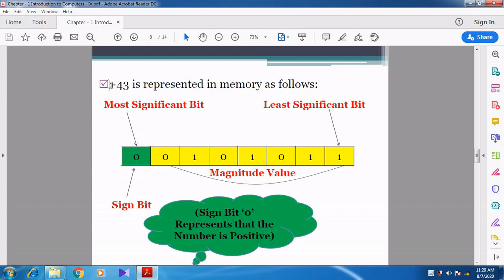For example, we take the example plus 43. Now you see here, how many bits are there? 1, 2, 3, 4, 5, 6, 7, 8. So in those 8 bits, the rightmost bit is called the least significant bit, whereas the leftmost bit is called the most significant bit.